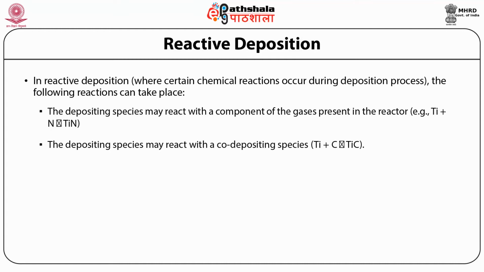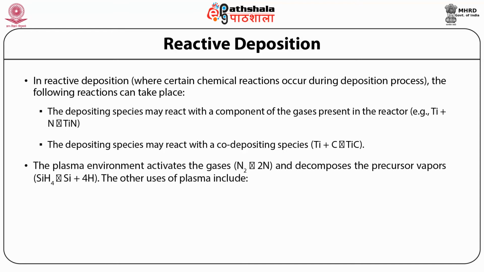The depositing species may react with the co-depositing species, that is, titanium plus carbon leads to titanium carbide. The plasma environment activates the gases, that is, N2 converts to 2N, and decomposes the precursor vapors, that is, SiH4 into silicon plus 4 hydrogen.